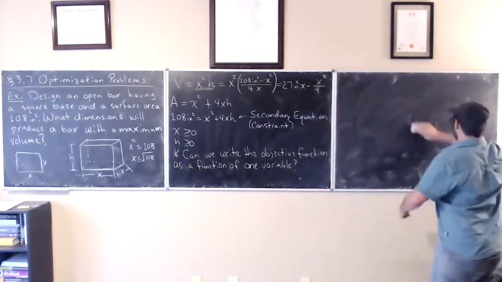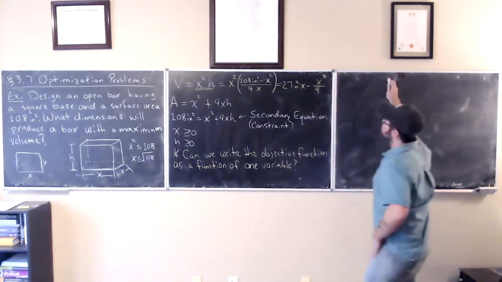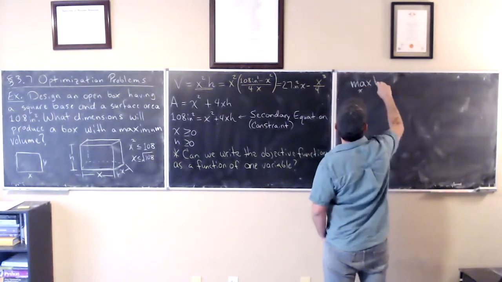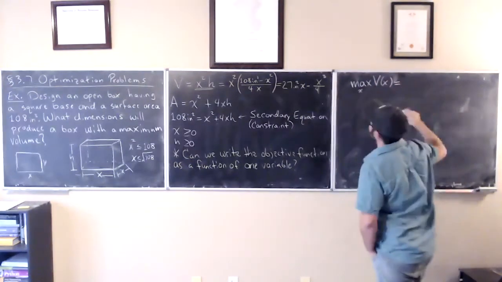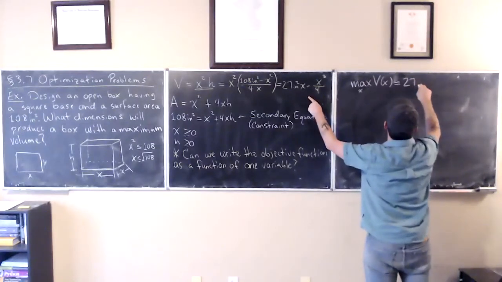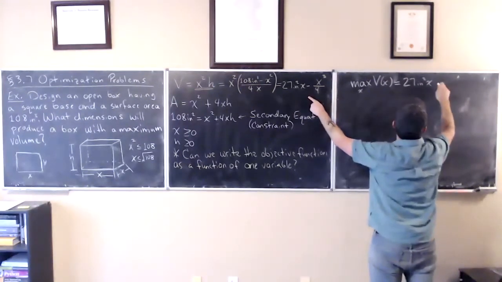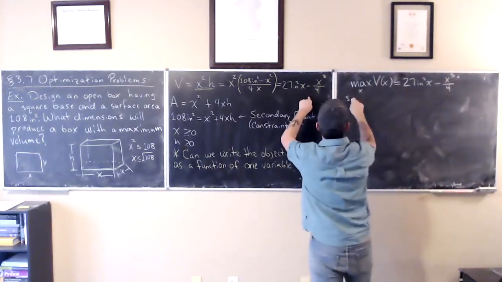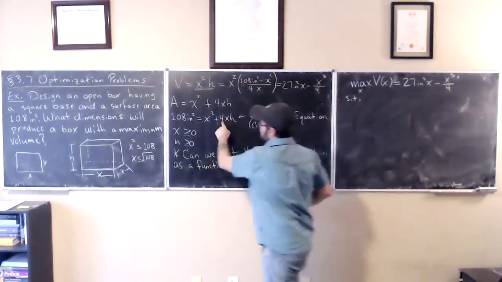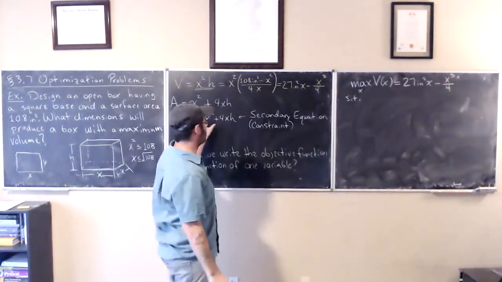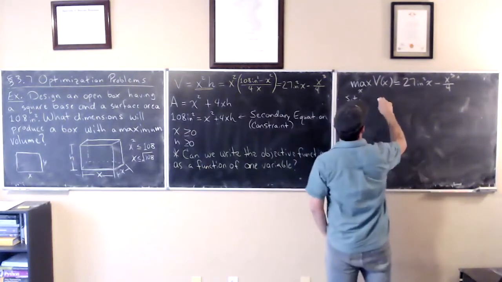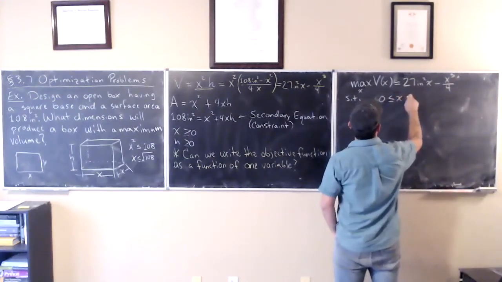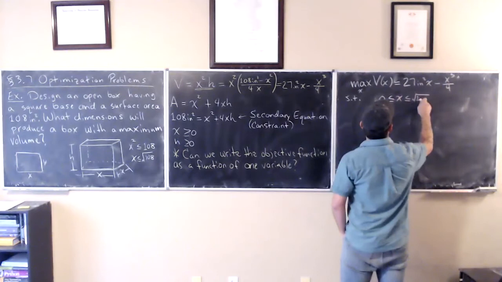So what does our new problem look like? We want to maximize, subject to x, volume of x, which is equal to this formula, such that, now this constraint was included when we made this, so it's kind of enforced on its own, such that 0 is less than or equal to x, which is at most square root of 108.